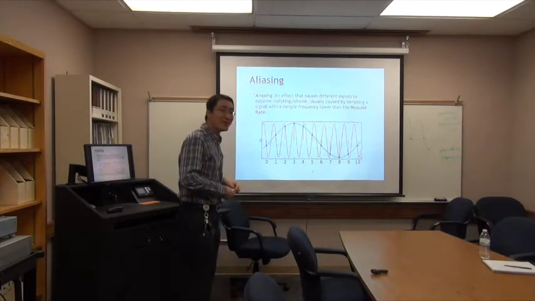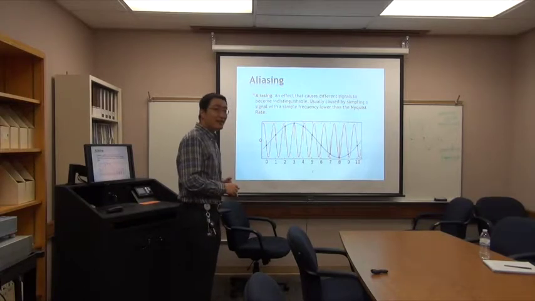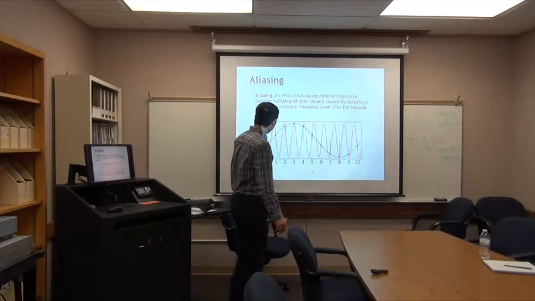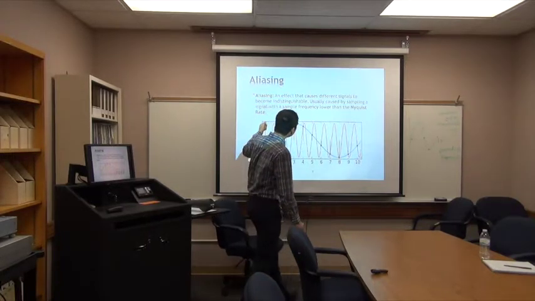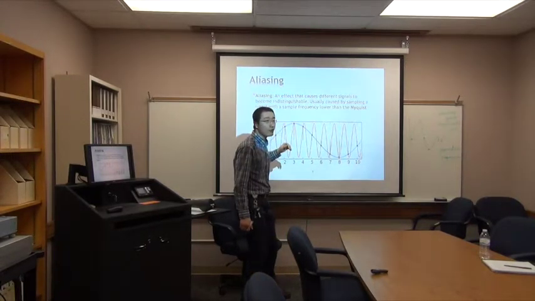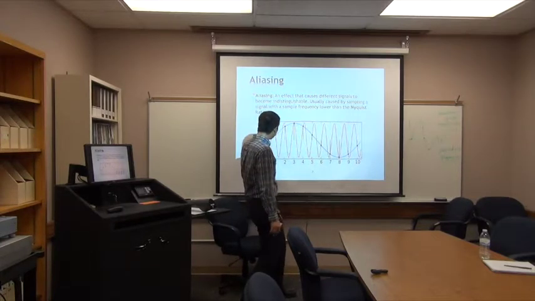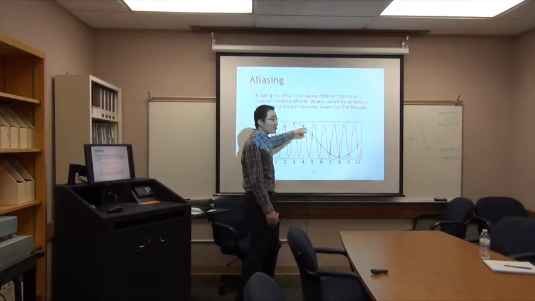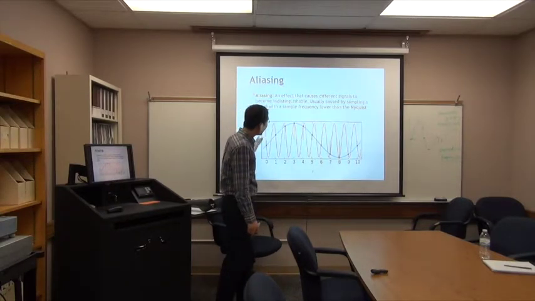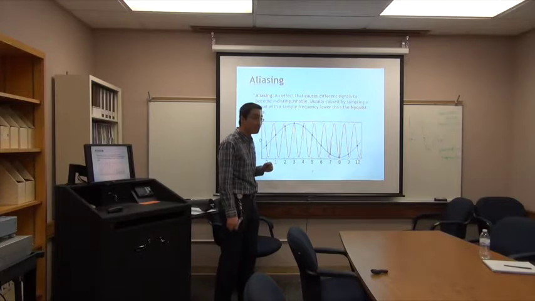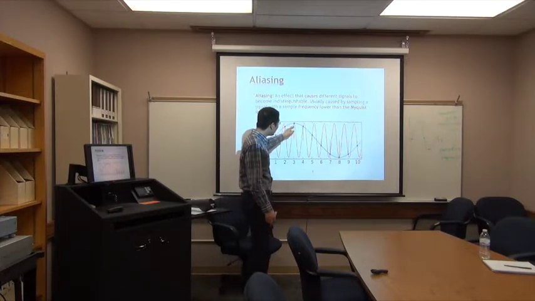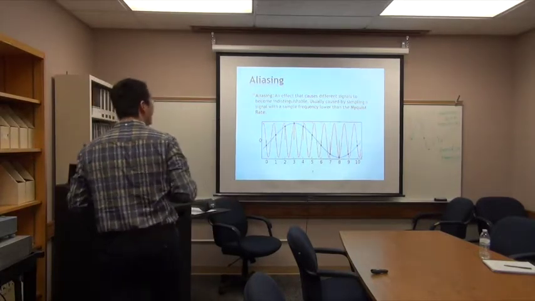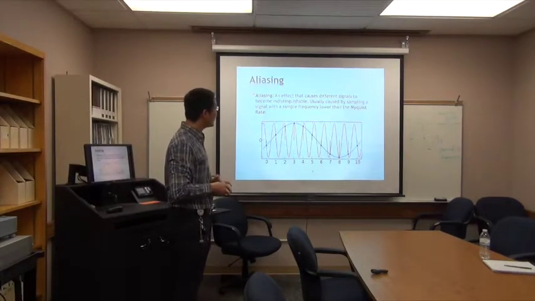Looks right to me, but no. What's actually happening is, because we have a sampling rate much lower than the Nyquist rate, we're actually building a different waveform out of these points. And we're looking at completely different stuff, which is the blue curve. So when you compare the blue curve to the red curve, you notice, that's a lot different.